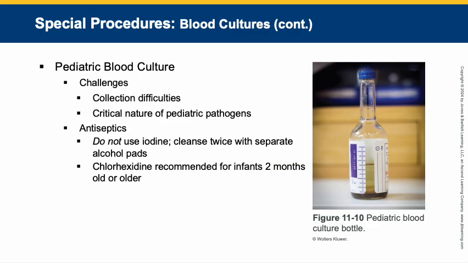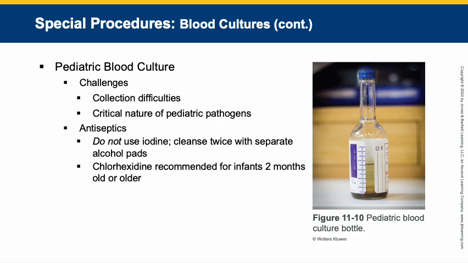Okay, this is a picture of a pediatric blood culture bottle. So see how the volume is much smaller. These are from blood cultures from neonates and pediatric patients. These are pretty hard to do because you already don't want to get a lot of blood out of these babies, especially your neonates.